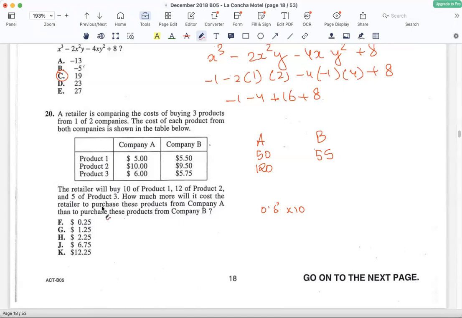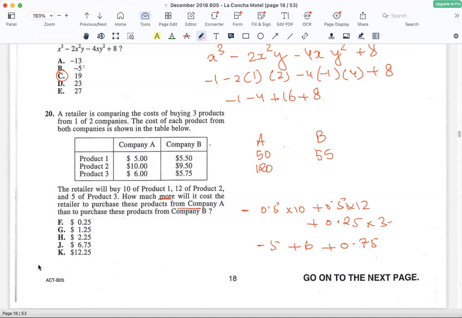How much more will it cost the retailer from company A? So here it would be negative because this is larger. Here it would be positive into 12, and here also it will be positive into 3. So this is minus 5 plus 6 plus 0.75. So 1.75.